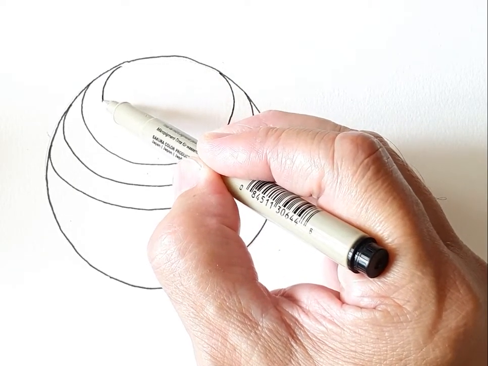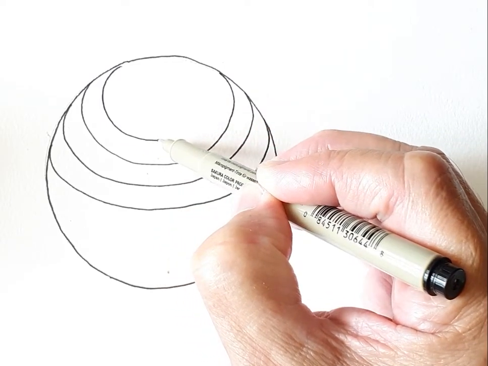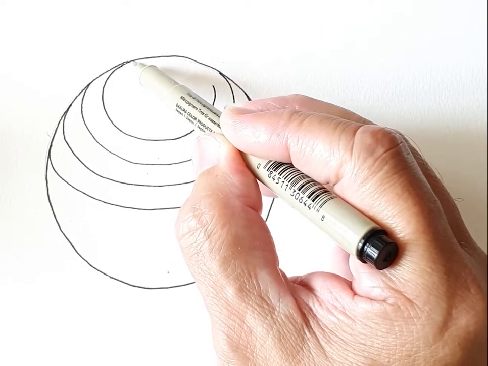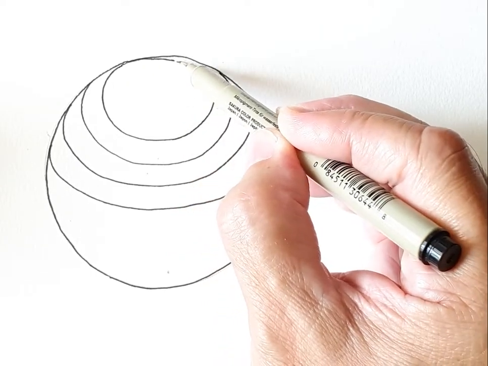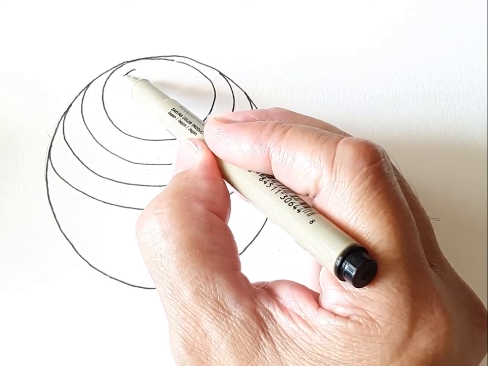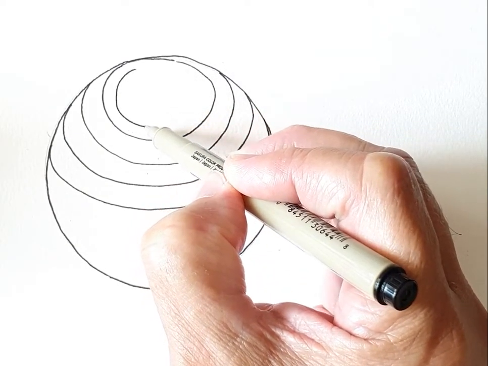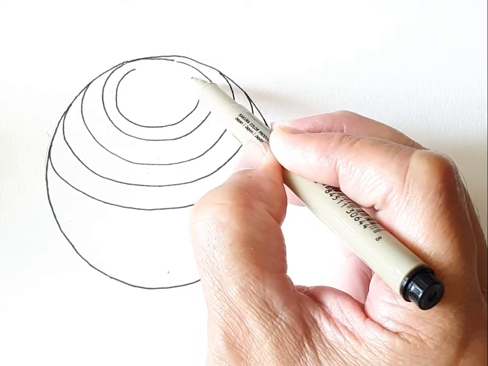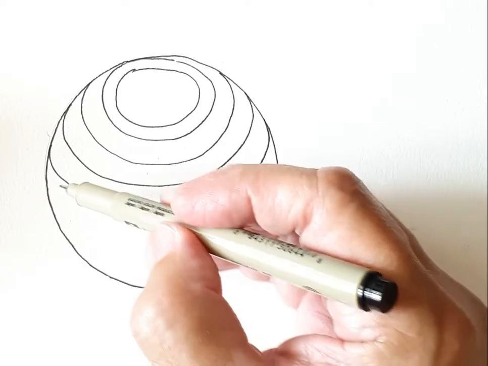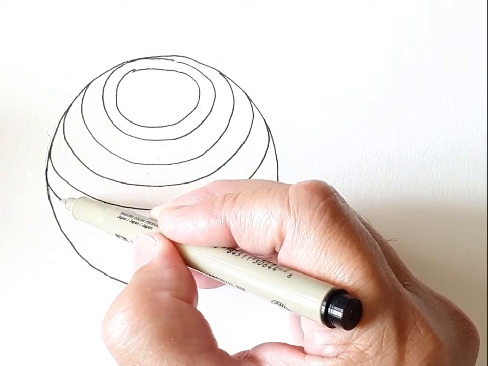So maybe over here I'll start to have a more prominent elliptical shape here. Okay, maybe one more. Okay, and let's try and complete the rest of it below.